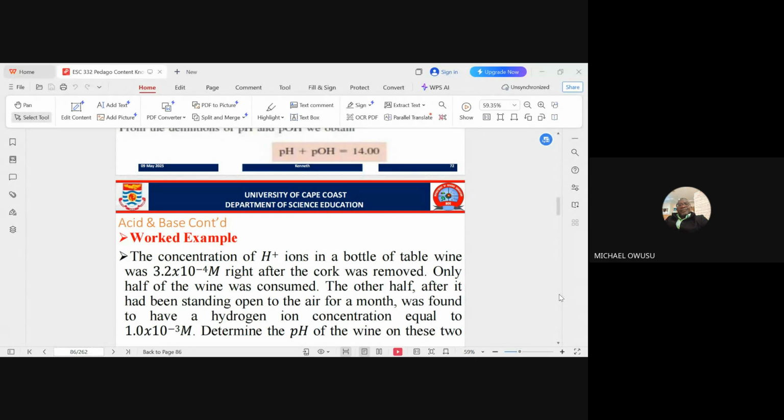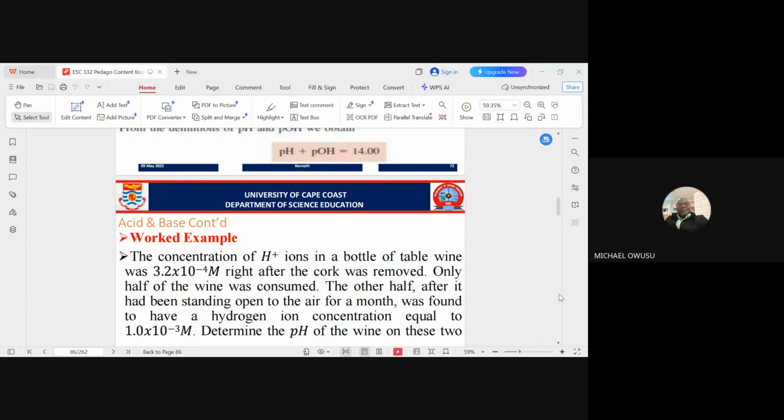So the pH you already know, and then you just find the antilog of the value, and that value gives you your H. So that is going to be 10 to the power that value.